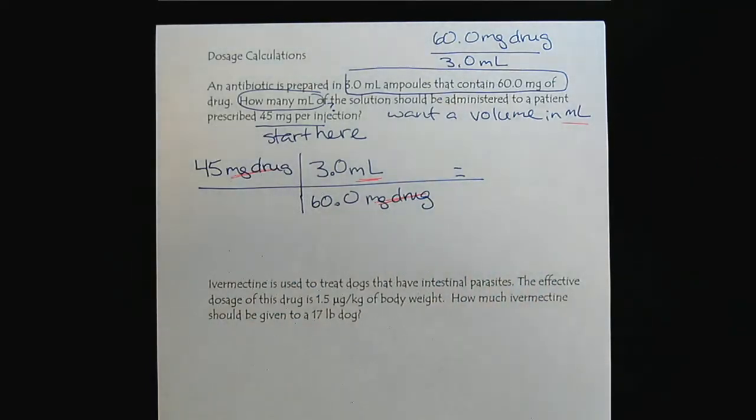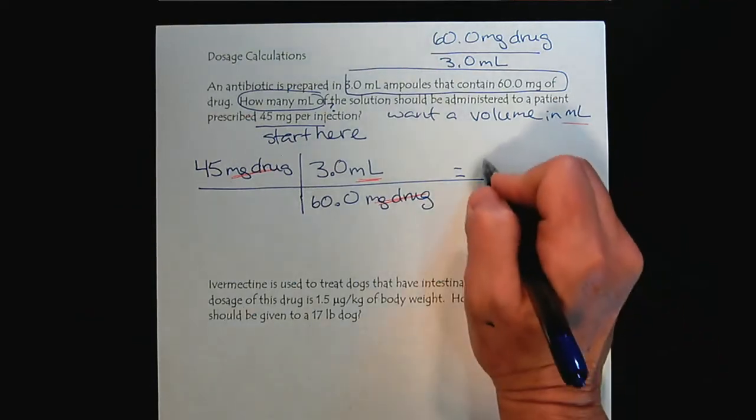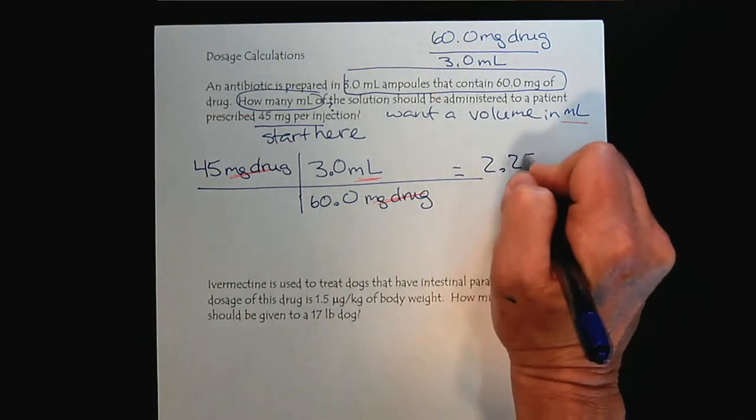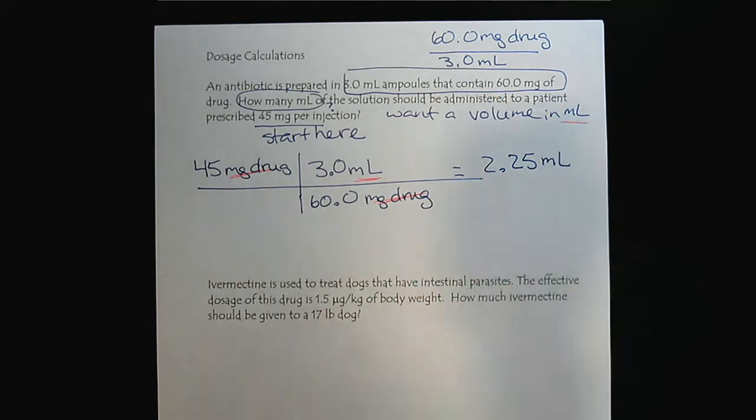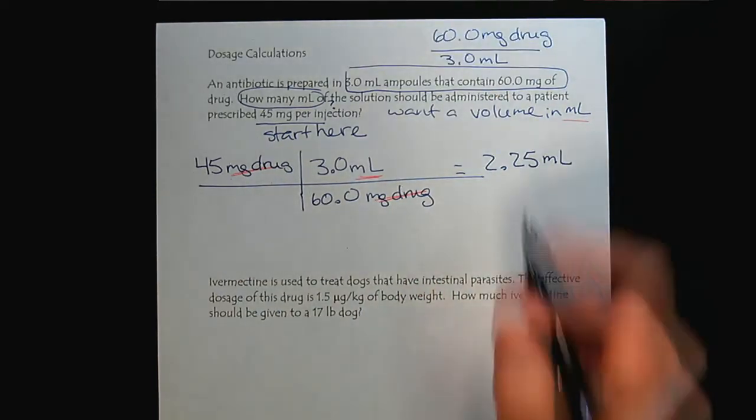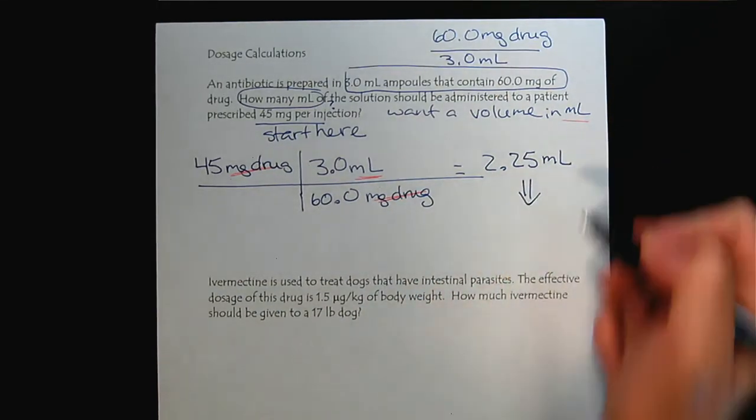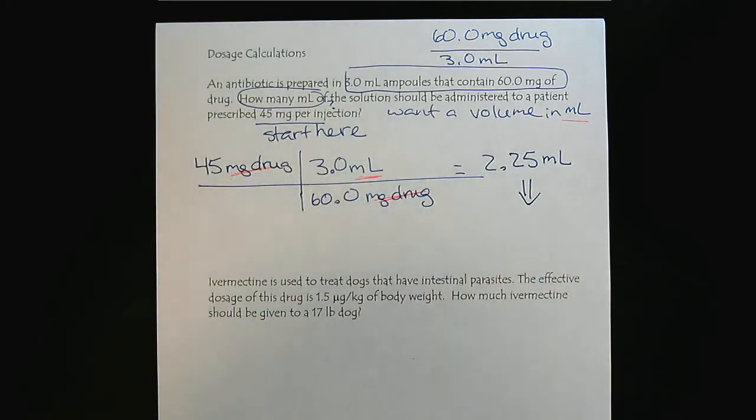It's time to punch the values into the calculator to get our final result. And we'll see that the patient would need 2.25 milliliters. And last but not least, we savor the moment that we've solved the problem, and then we're back to sig figs.